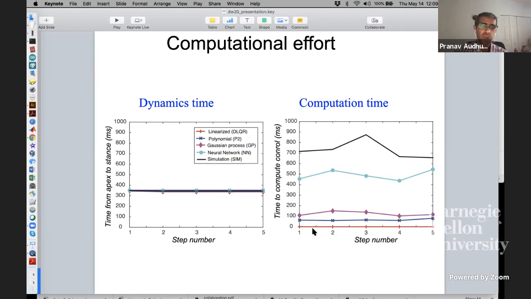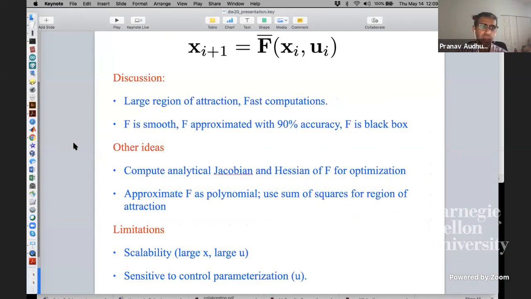So this probably shows that using approximation, you can actually get this computation done in real time for online implementation. To give the big picture, this talk was essentially about approximating F, the Poincare map.